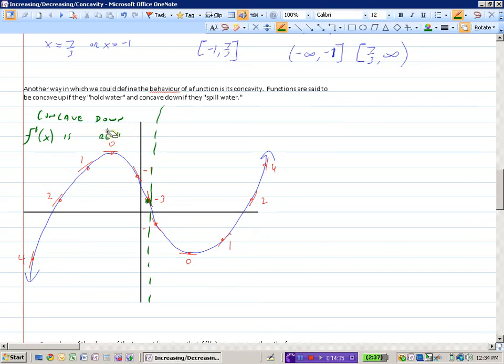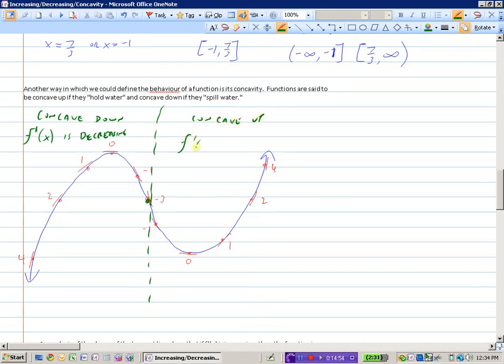Sorry, we're going down there. The slopes of the tangent lines are decreasing. The numbers are getting smaller. A function over here, which we know is concave up, when we look at the derivative, the slopes of the tangent lines are getting larger. Those slopes are increasing.